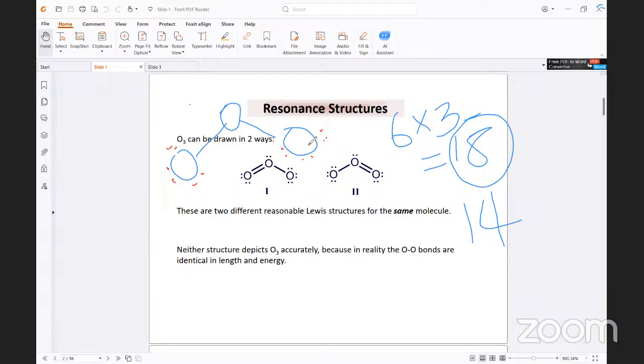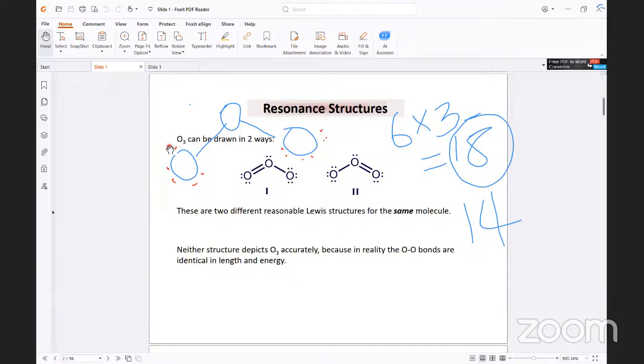Now, if you look at this, is 1, 2, 3, 4, 5, 6, 7, 8. Let me count with a demonstration. You have 1, 2, 3, 4, 5, 6, then 7, 8 bonding electrons, 9, 10, 11, 12, 13, 14, 15, 16.